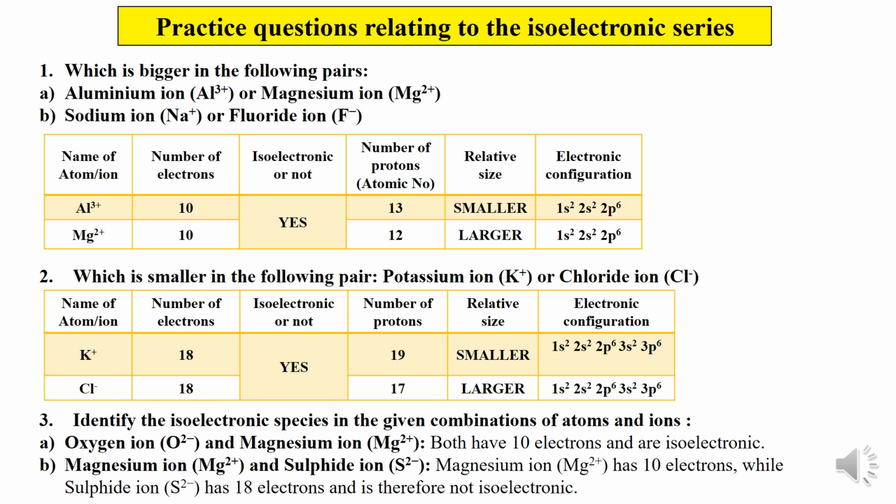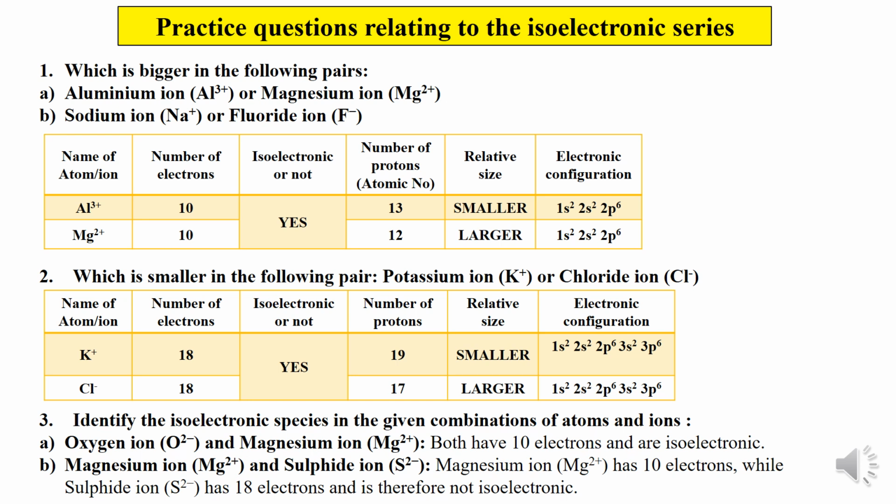Third question, identify the isoelectronic species in the given combinations of atoms and ions. It is not oxygen, it is oxide ion and magnesium ion. Both oxide ion and magnesium ion have 10 electrons, and therefore they are isoelectronic. What about the second pair?